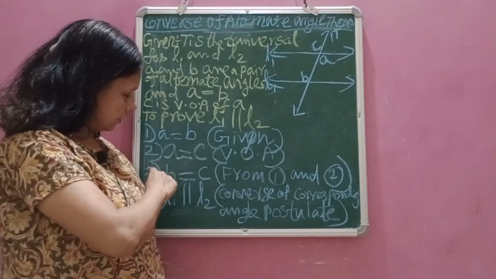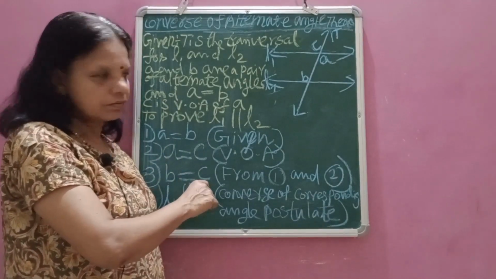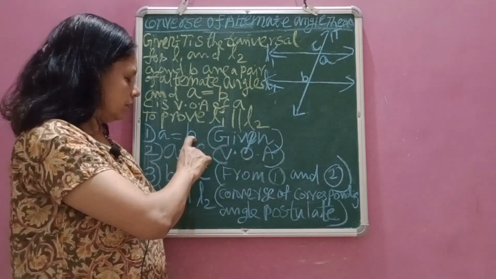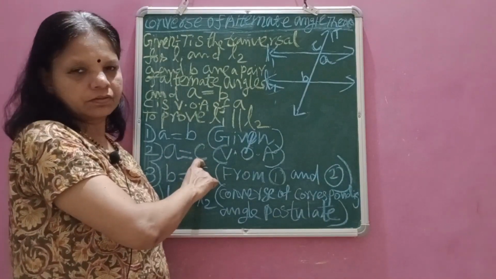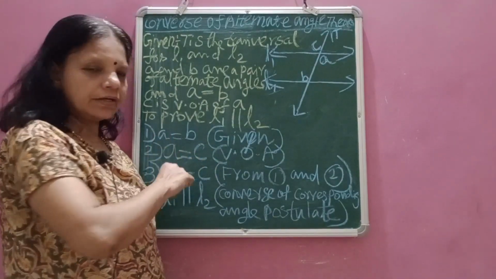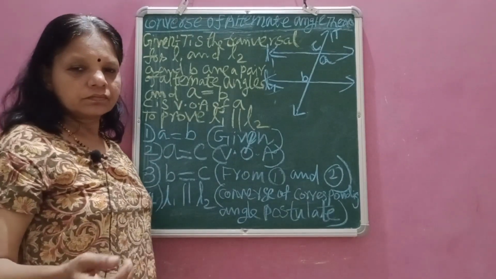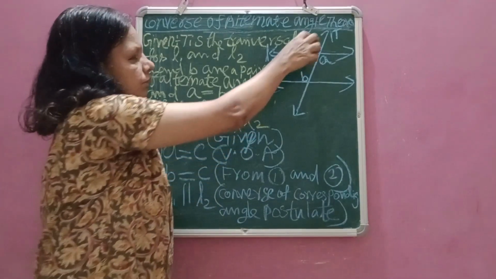Clear? Now the third statement, you got B equal to C. How did you get B equal to C? See, A equal to B, A equal to C, therefore B equal to C from 1 and 2, or by the property of transitivity. Clear? So what are B and C in the figure?